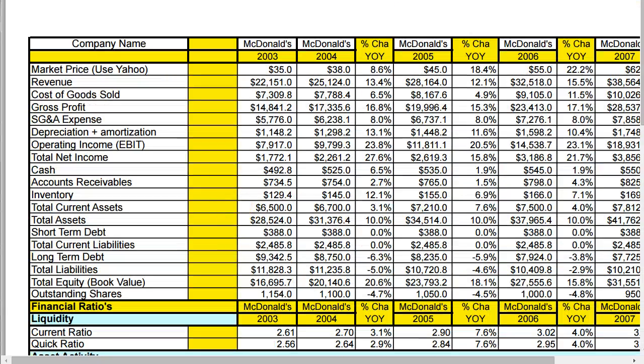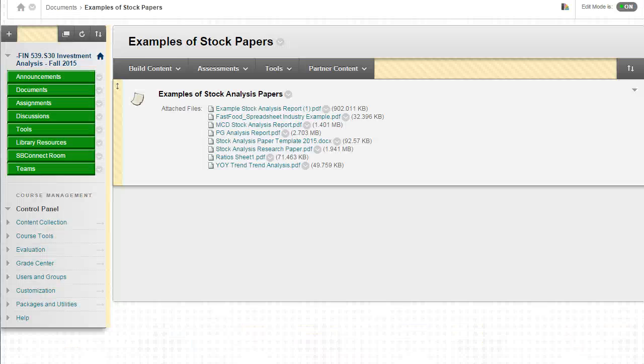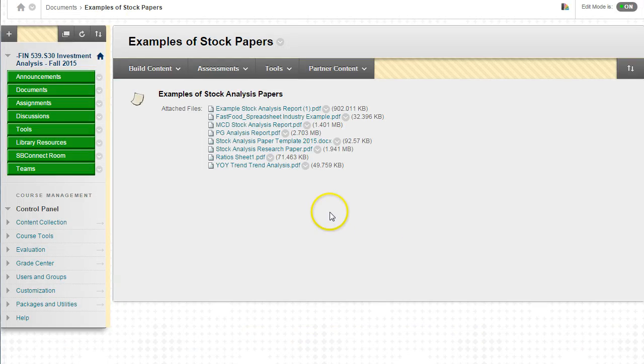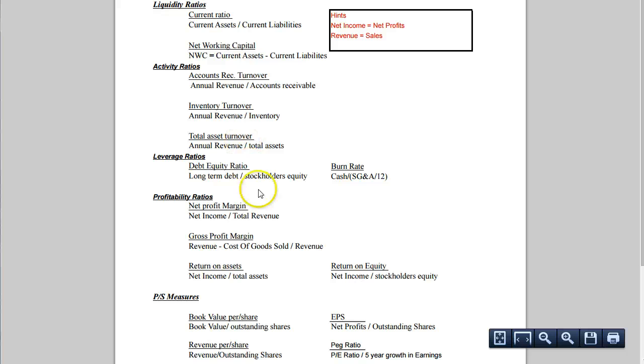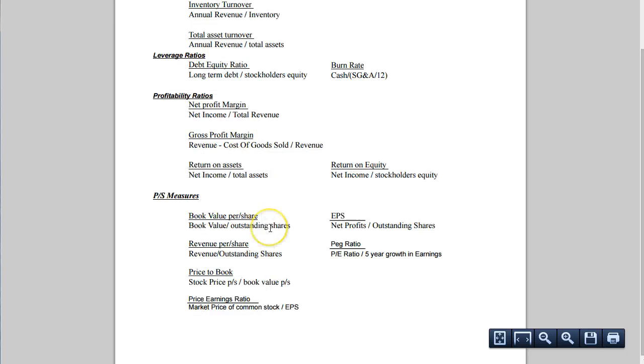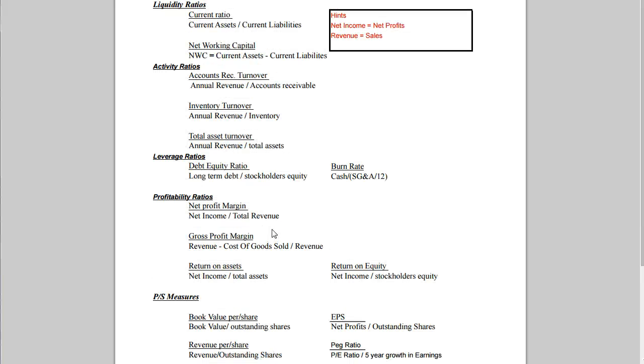Now, the other sheet. So this has been cleaned up to take away some confusion that you may have had. I added an additional spreadsheet called Ratio Sheet 1. In this sheet, I actually printed out the ratio formulas for many of the items in the spreadsheet. So here I have the actual formulas that make it maybe a little bit simpler.